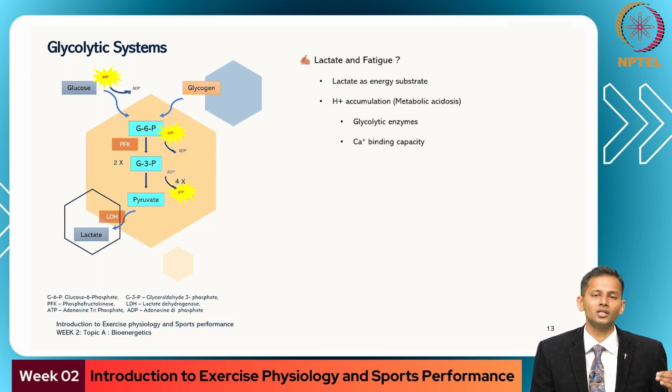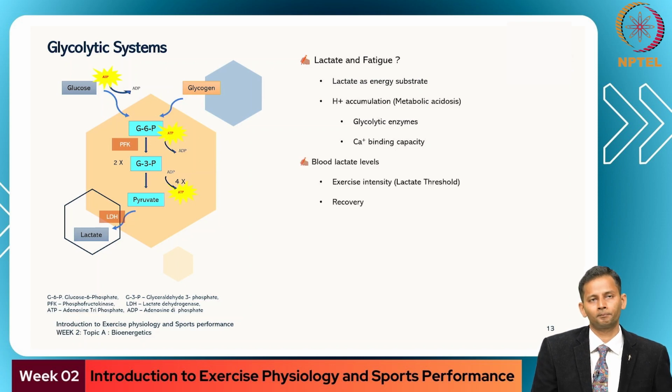It also reduces the calcium binding capacity, which reduces movement generation in the skeletal muscle. These intricacies you will come across in the skeletal muscle module, which will be dealt with separately. So this increase in metabolic acidosis is postulated as a reason for fatigue.